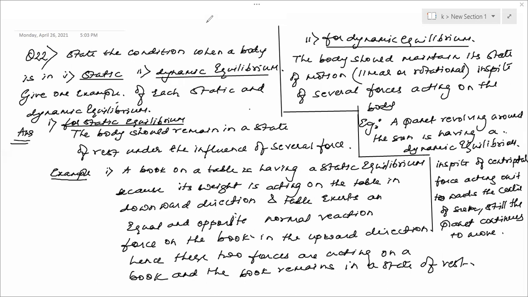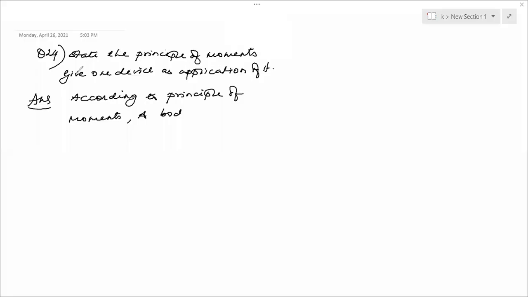Now I go to the next question, children. State the principle of moments. Give one device as application of it. Okay.